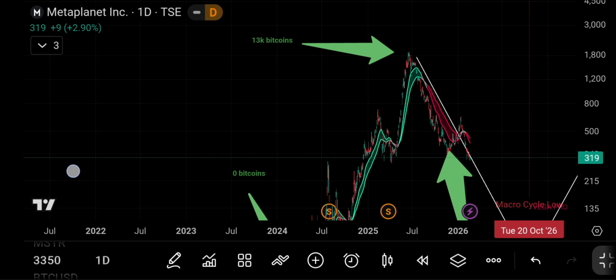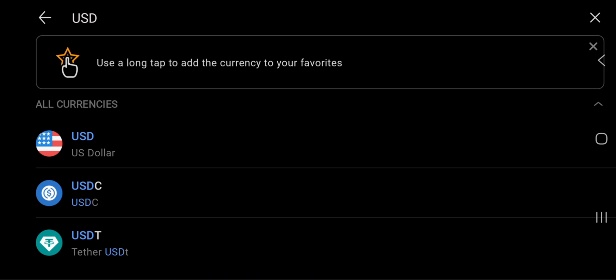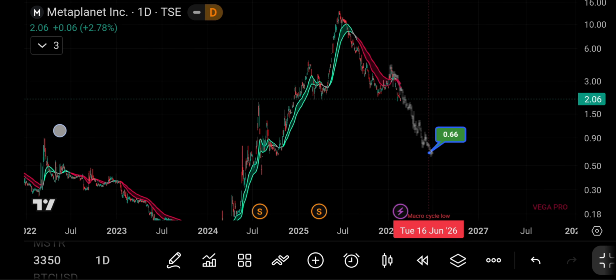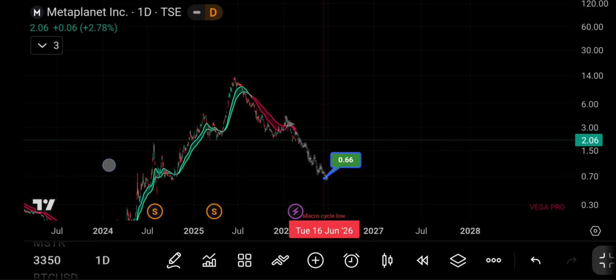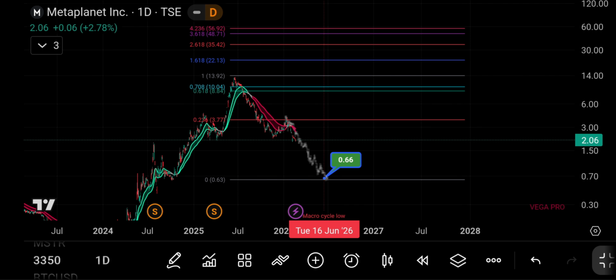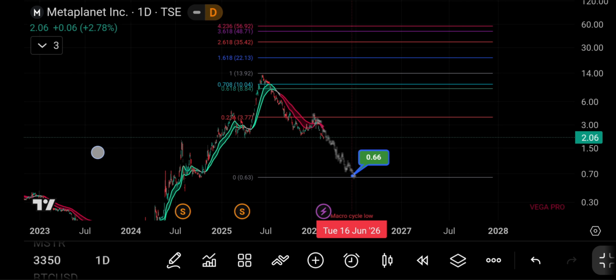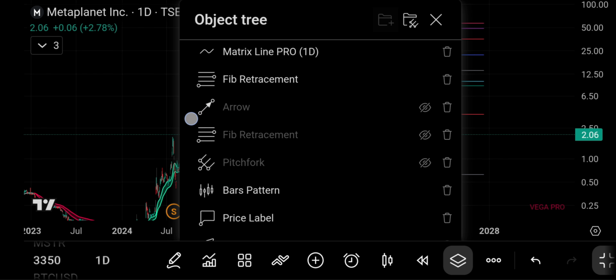Now we will go back to Metaplanet with this crucial thesis in mind. Okay, we got our short-term target point at the bottom. I'm going to do this here also. Activate the Fib extension as on MicroStrategy, and we also draw the pitchfork.